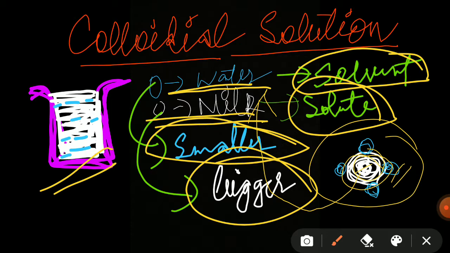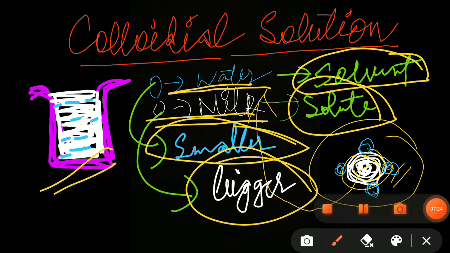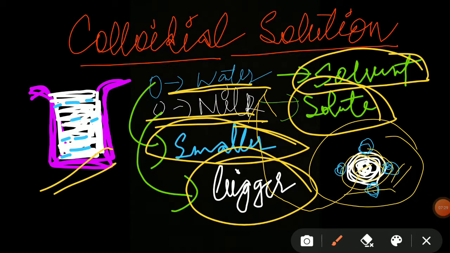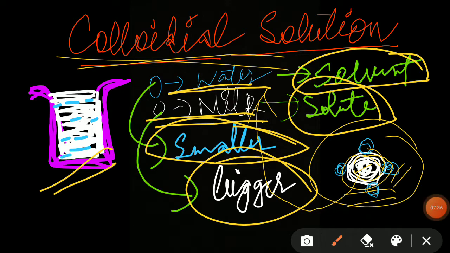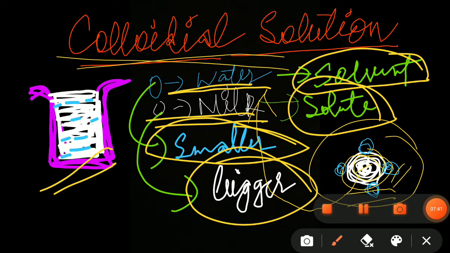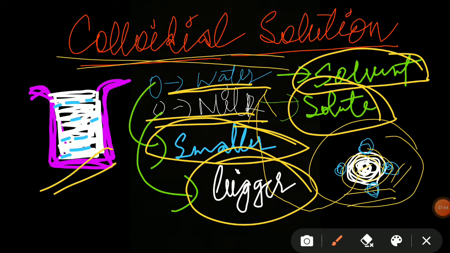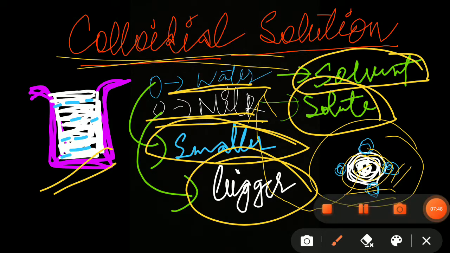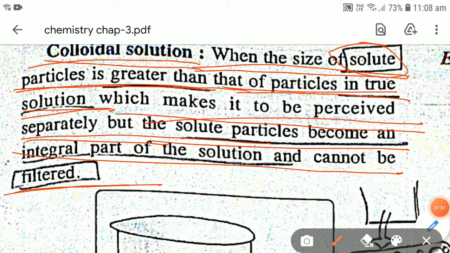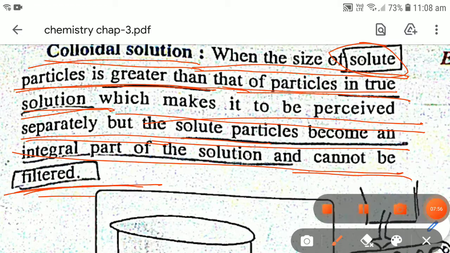So see, in this case the water particles are getting attached to this big milk particle, or molecule. So the solute particle becomes an integral part of the solution, means the milk becomes the main part of the solution. I hope now the concept is clear. Also in this case the solution cannot be filtered, means you cannot filter water from milk.